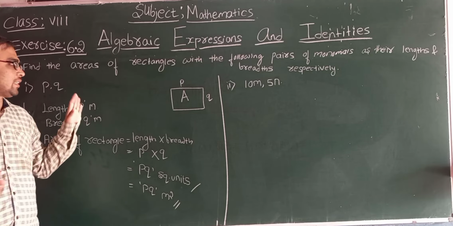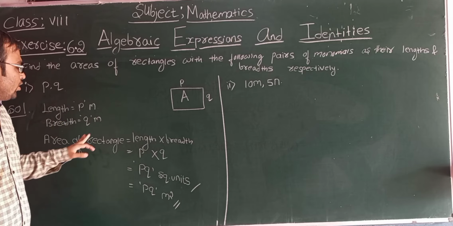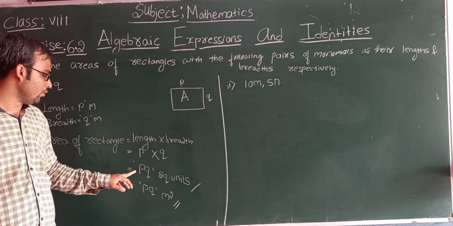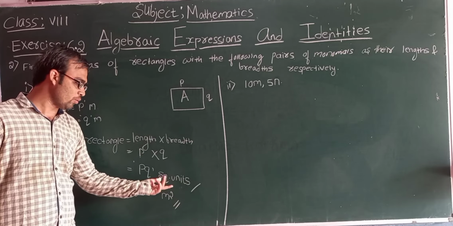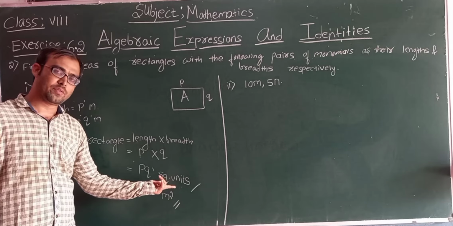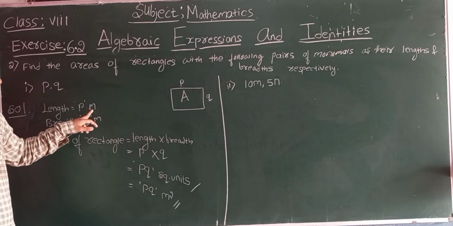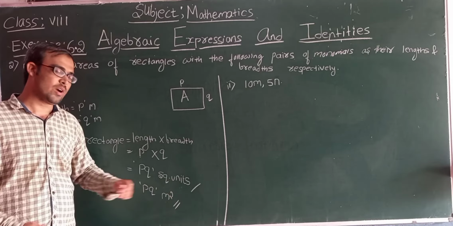They have not given whether the sides are in meter or centimeter, I have just assumed meter. So you can write like this. The length and breadth is p and q. So p into q is pq square units. Okay, so why square units? Because the unit of area is square units. And here, as we have assumed the unit in meter, we can write square meters, or you can write only square units.